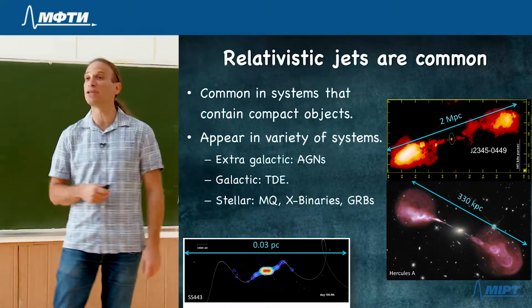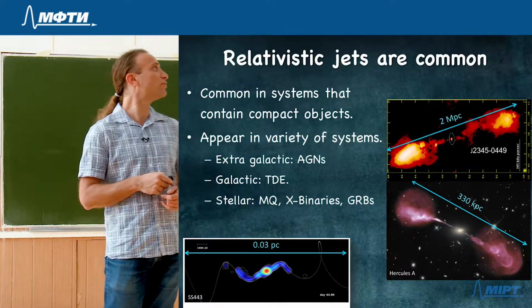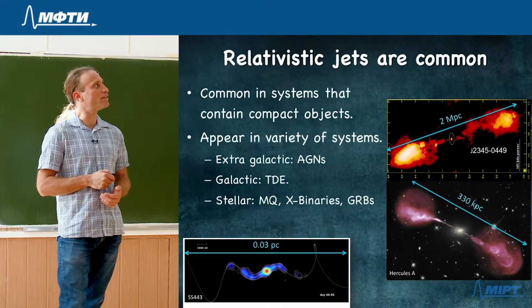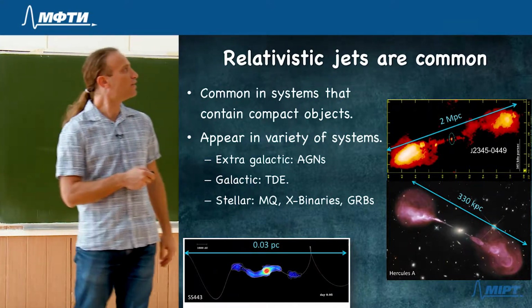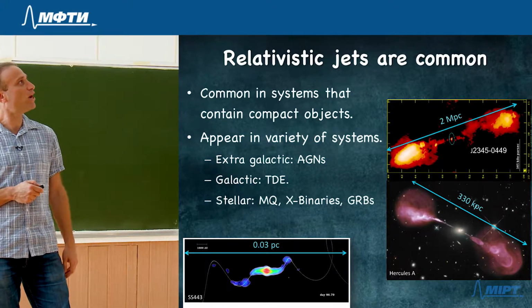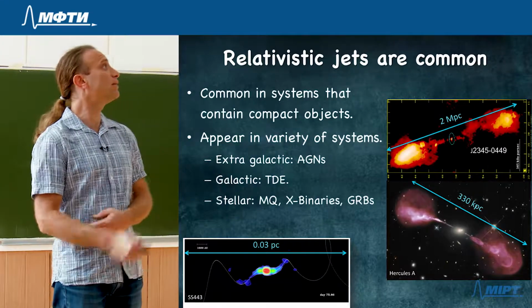These are microquasar jets coming from black holes of a few solar masses, and their sizes are about an AU or a few AU. You can see a movie of radio imaging of these jets. X-ray binaries also give jets, and of course gamma ray bursts, which we'll discuss a little bit.